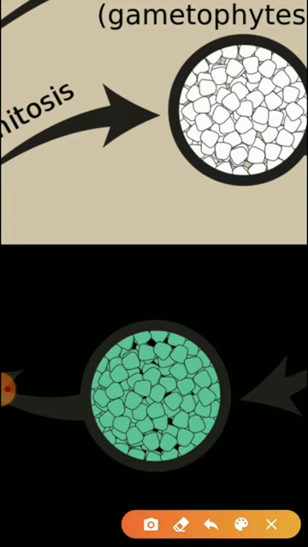Spores are resistant asexual bodies surrounded by a cyst wall. Due to the presence of cyst wall, spores can survive under unfavorable conditions like desiccation and extremes of temperature.